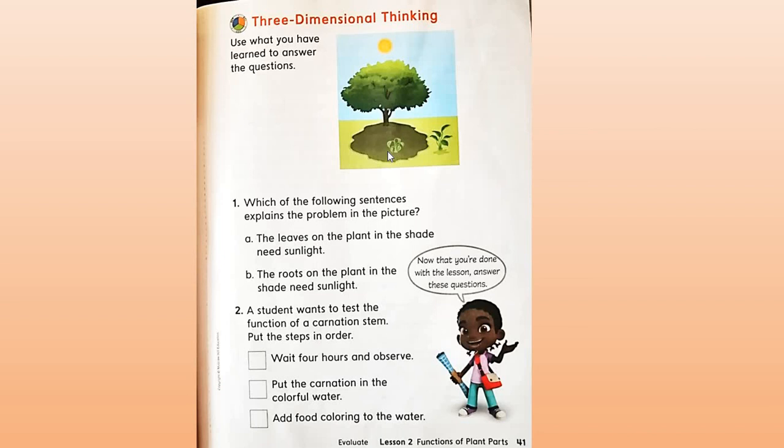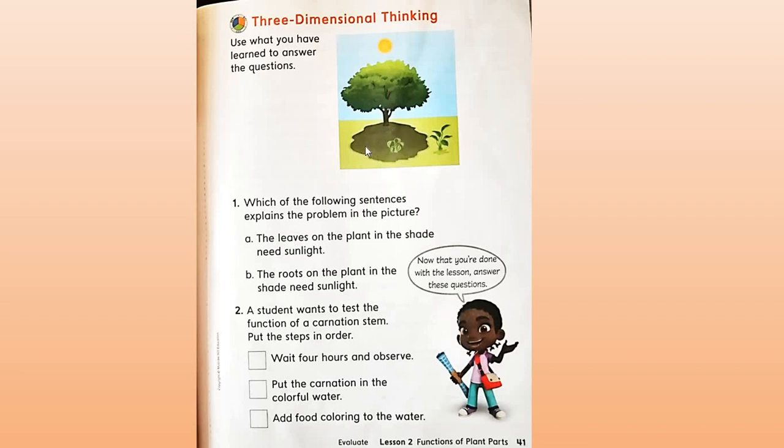But this one is growing up healthy because there is sunlight here. There is light, right? So, this plant is growing up healthy while this one is not because it needs sunlight, but there is no sunlight in the shade. Great, grade 1.